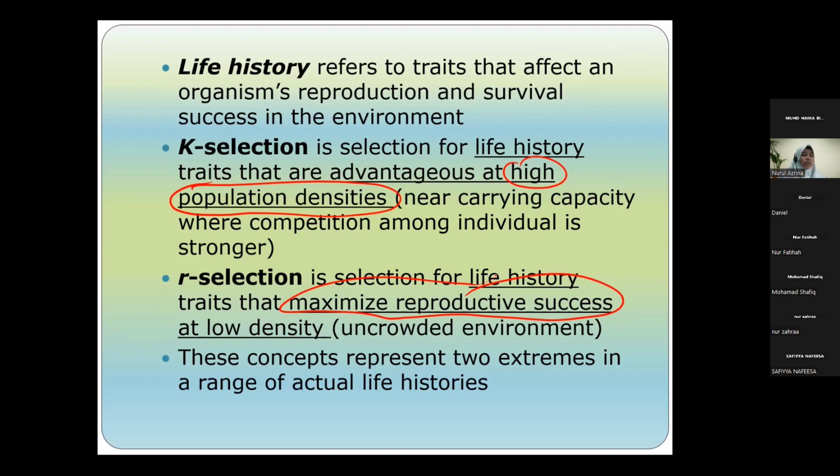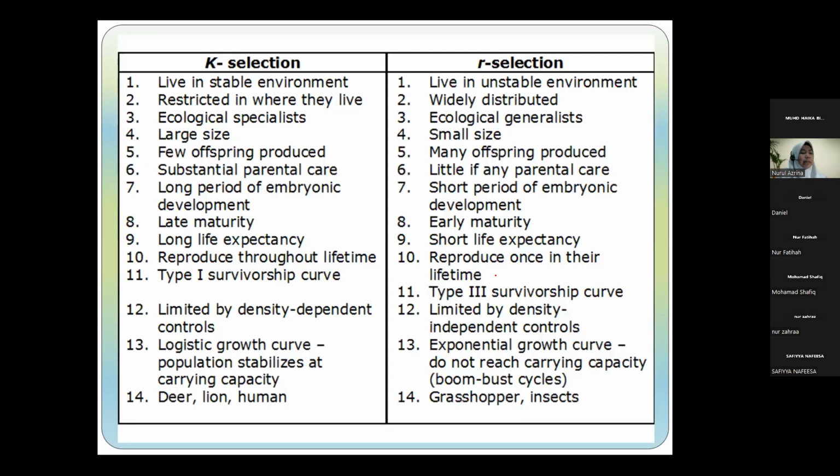Okay, so now let's look at this one. What is important here is that these are the K selection or K strategies, and this is R selection or R strategies.